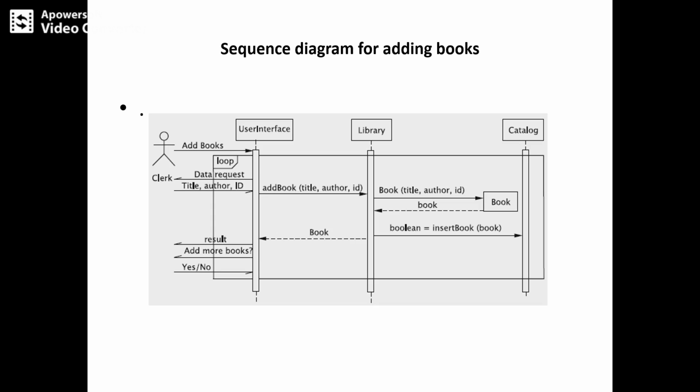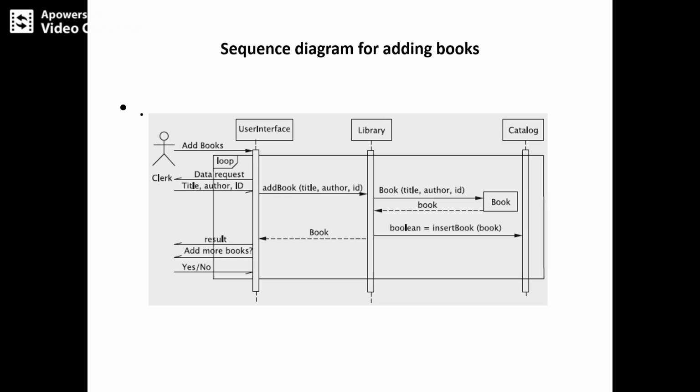Then the question: do we want to add more books, yes or no? This indicates that the system will again be in the loop. The looping will start here, as we saw in the sequence diagram discussion.